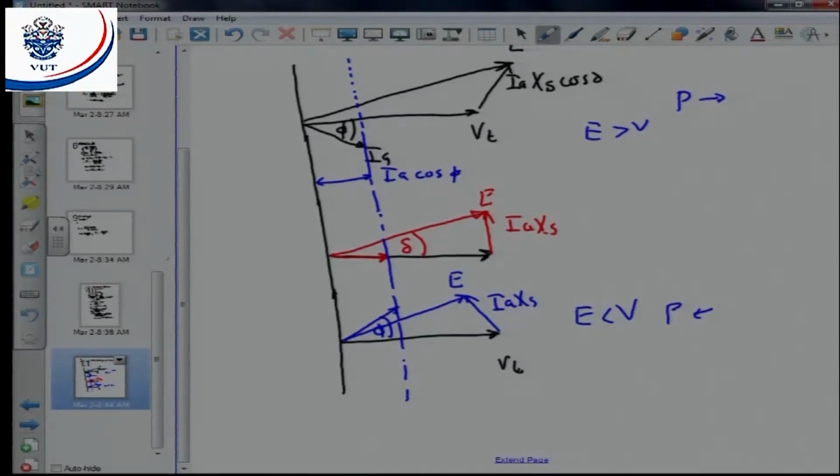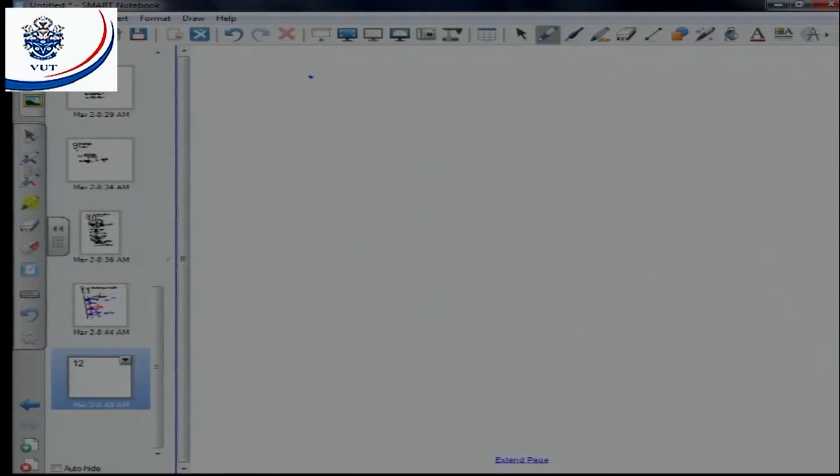Now if we look at the reactive power, S is equal to P plus or minus jQ, and therefore P will be V IA cos phi, and Q will be V IA sin phi.